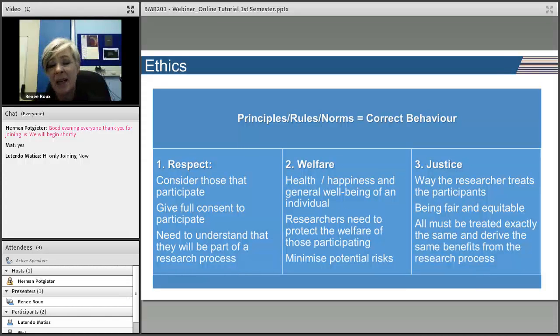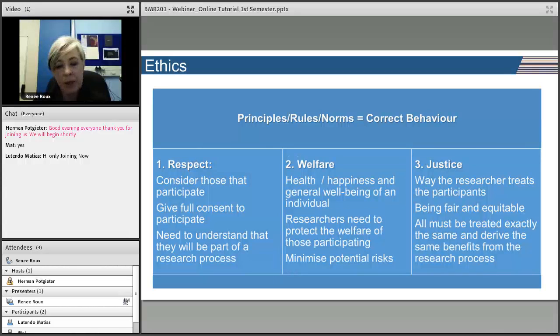Then justice. And justice really means that everyone should be treated equally and fairly in this whole process. So one participant cannot derive more benefit than the other participant. So let's say we pay people to participate in the research.